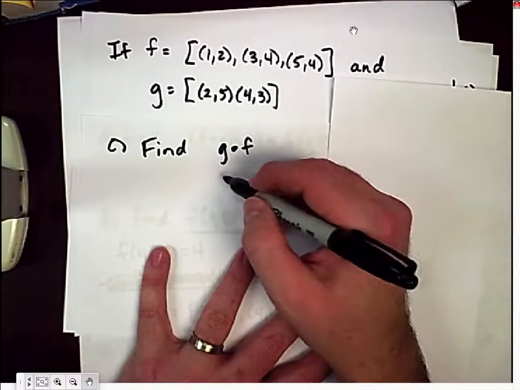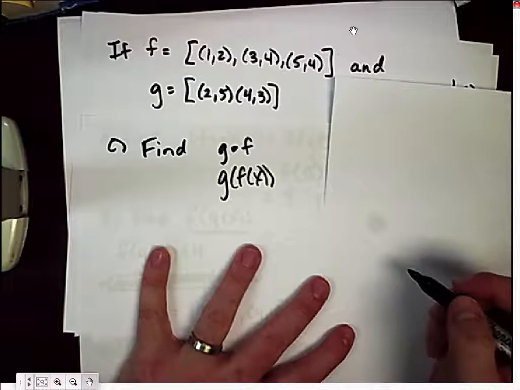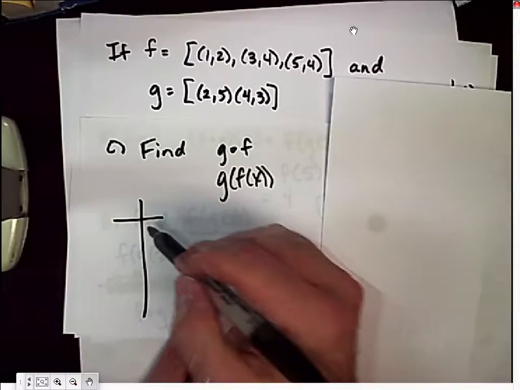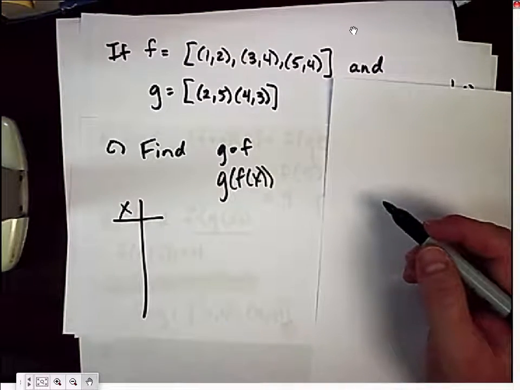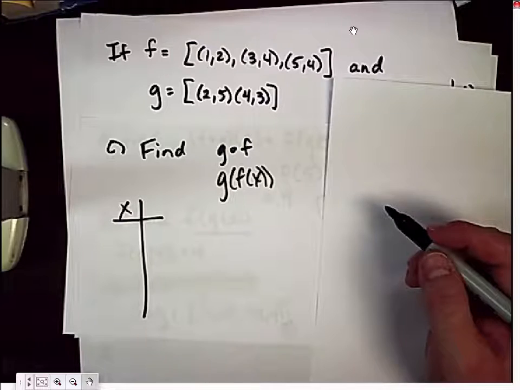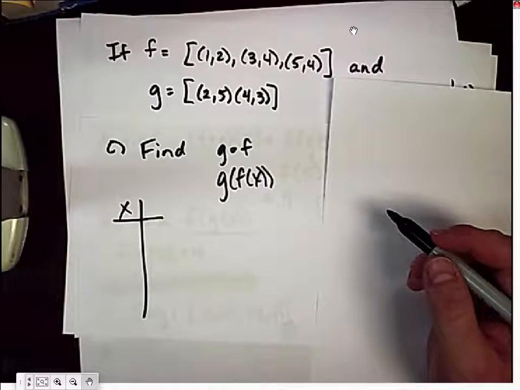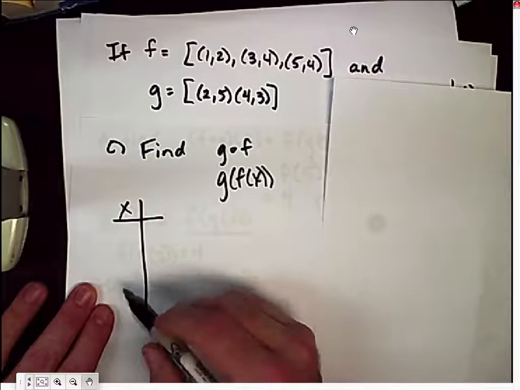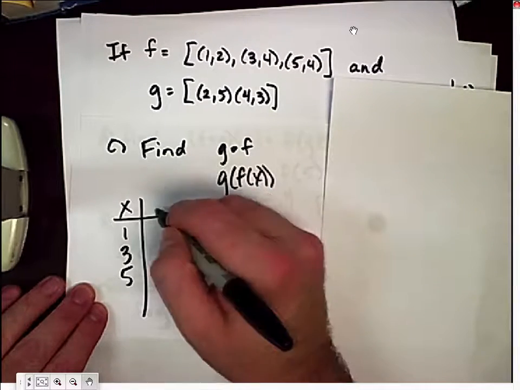So what I would do first off is write it as G of F of X. Okay, so in this case, what does X get plugged into first? F. So for this composition, the domain of this composition is actually the domain of F, because whatever you plug into F is what gets you started. So you can't choose any numbers that weren't in the domain of F. What is the domain of F? 1, 3, and 5. So all we've got to figure out is, at 1, 3, and 5, what is G circle F?